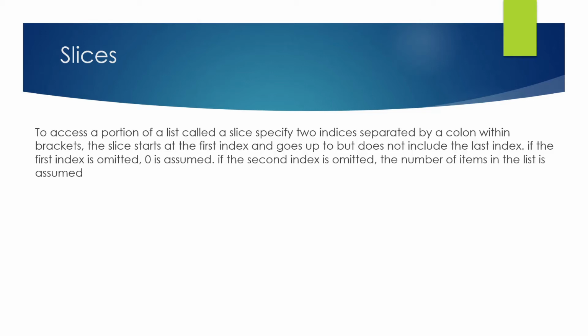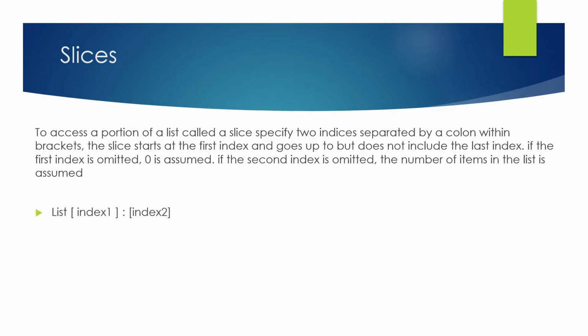If the first index is omitted, Python assumes it is 0 and it will start from the very first index. If the second index is omitted, the number of items in the list is assumed. That means whatever is the last position.